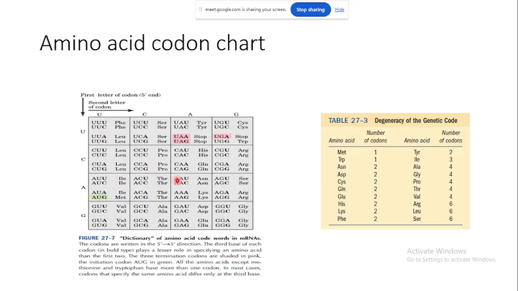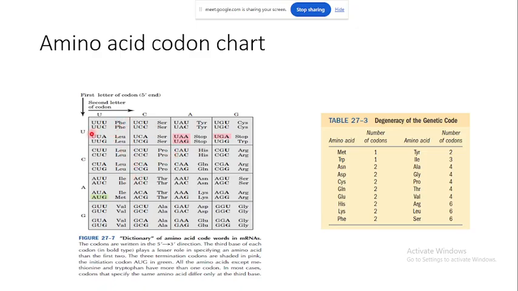But the point is that each codon, for example CUU, will always code only for leucine, not other amino acids. CCU will always code for proline, but not for other amino acids. But the vice versa is not true.